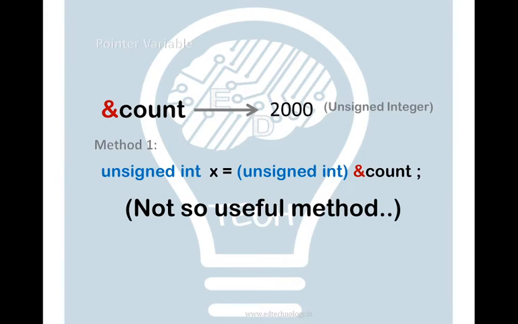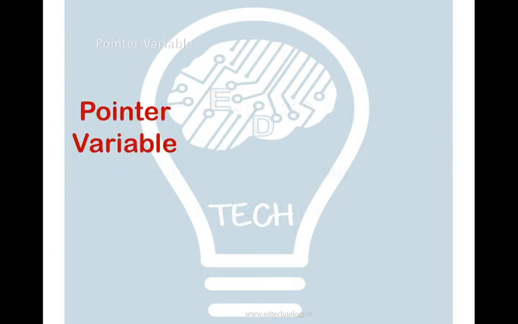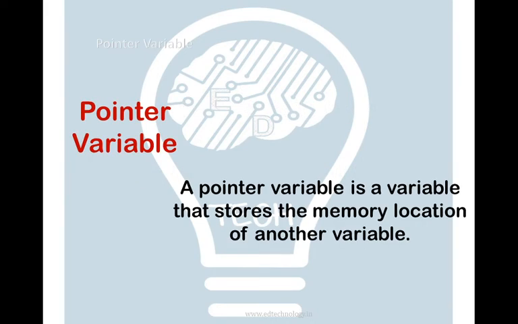But I don't think that is a useful method. We'll see further how we actually use the pointer variable. But before that, let us understand what a pointer variable is. Basically, a pointer variable is a variable that stores the memory location of another variable. It stores the address of the memory where a variable is stored.